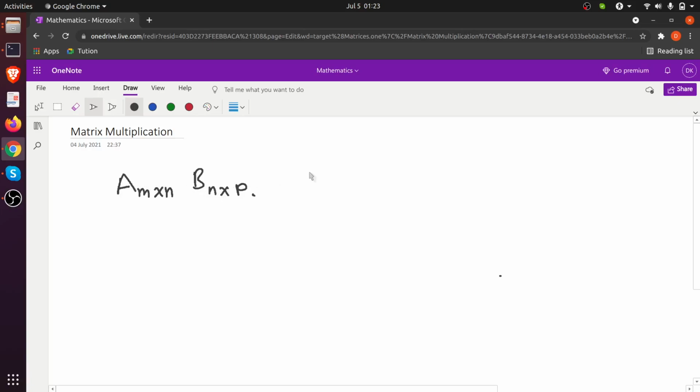For example, let's call the multiplied matrix C of M cross P. So you would have been taught that C11 is equal to row 1 of A transpose into column 1 of B transpose, etc.